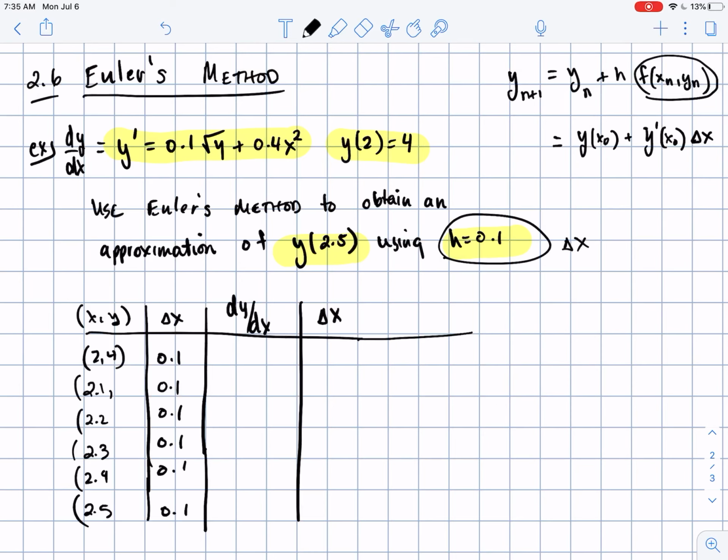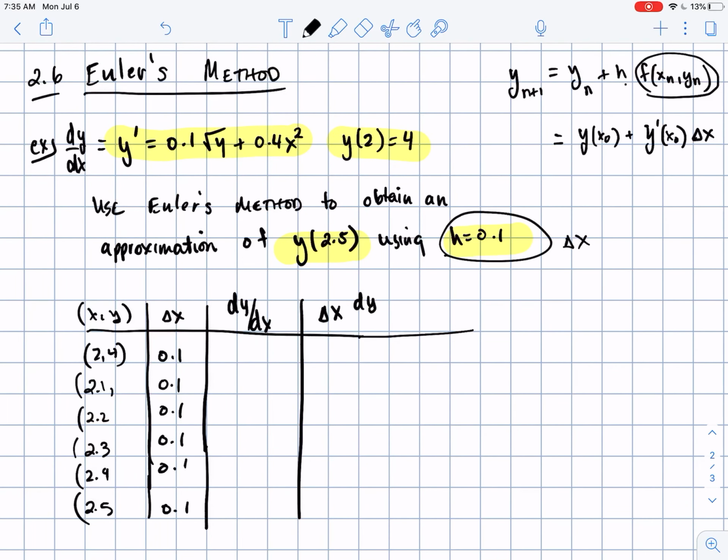So that's where this h times this derivative, dy over dx, comes in. So you're multiplying these 2 columns together, okay? And then you get a new point. So it'll be x plus the change of x, comma, y plus change of y. Okay, so it's very simple.